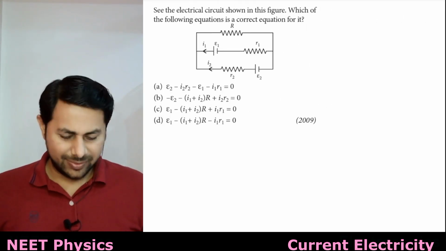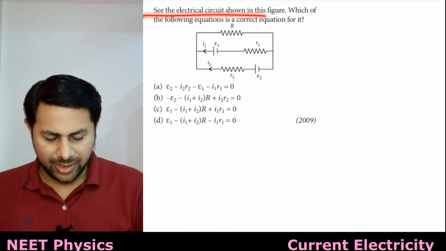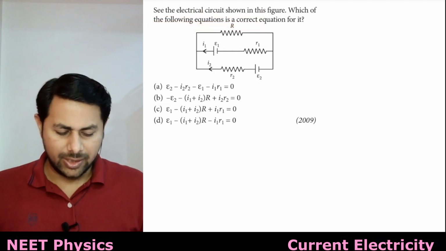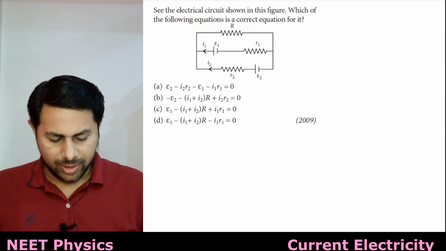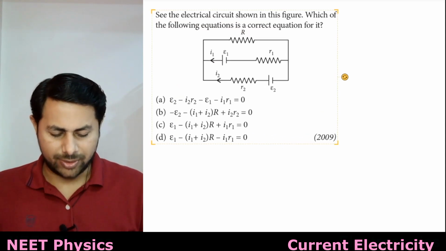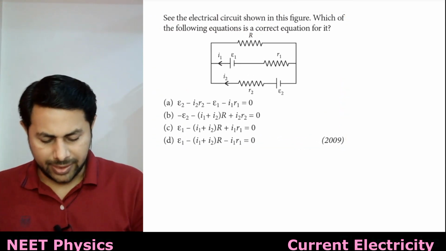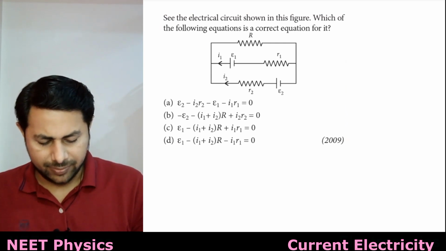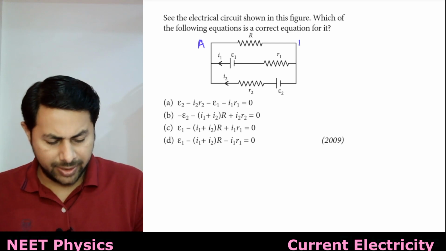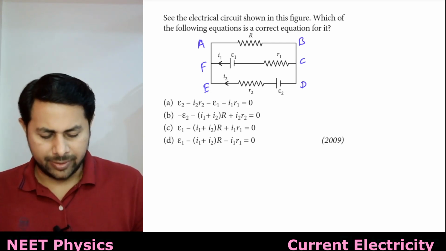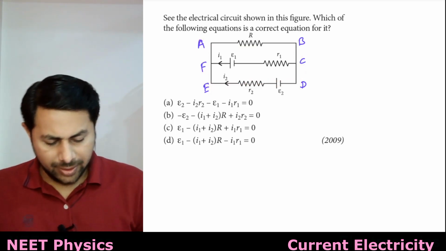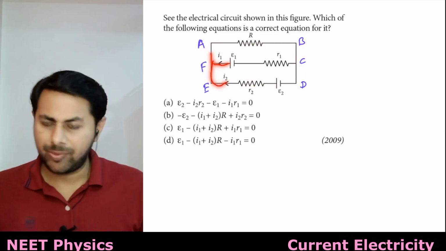Let's see the next one. Here, see the electrical circuit shown in the figure. Which of the following equations is a correct equation for it? Here we need to apply Kirchhoff's law. Let's name this circuit A, B, C, D, E, F, A. Then you have current I1 coming from here, I2 coming from here.